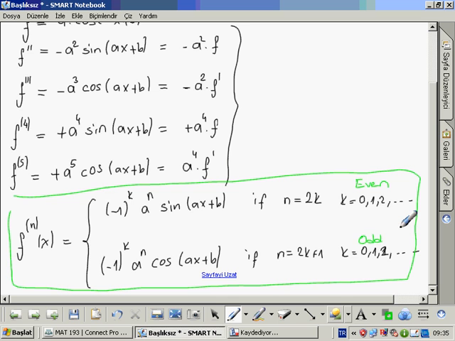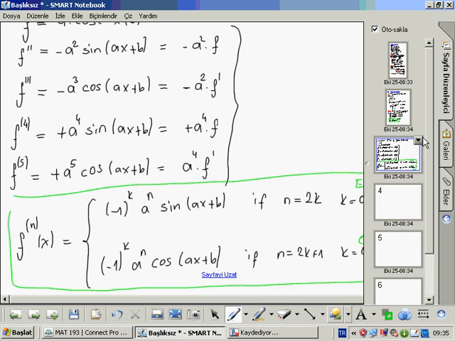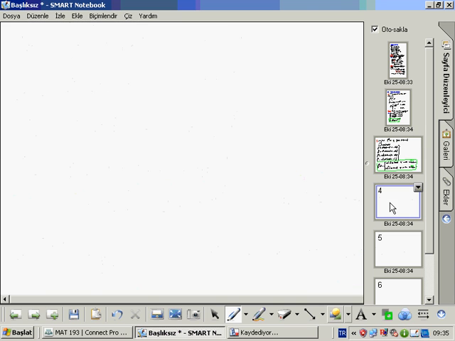Now we can continue with another subtopic, which was implicit differentiation.